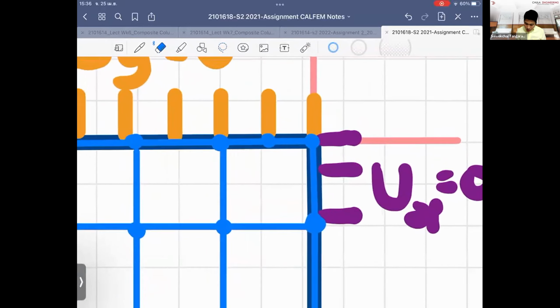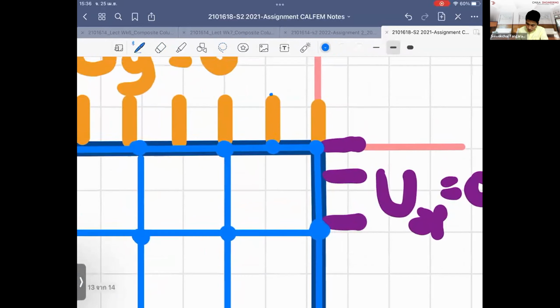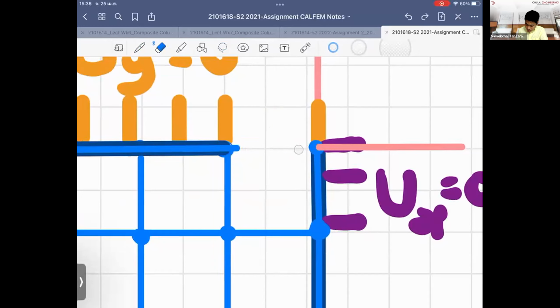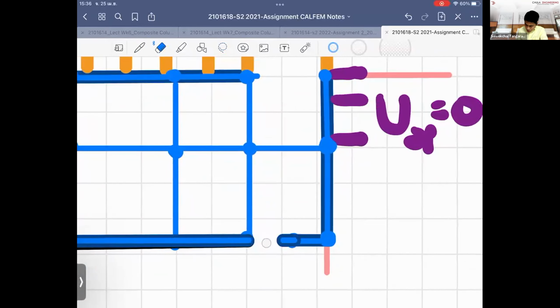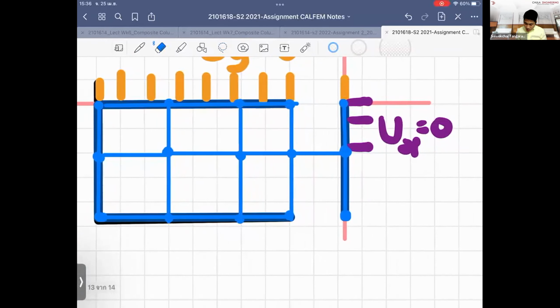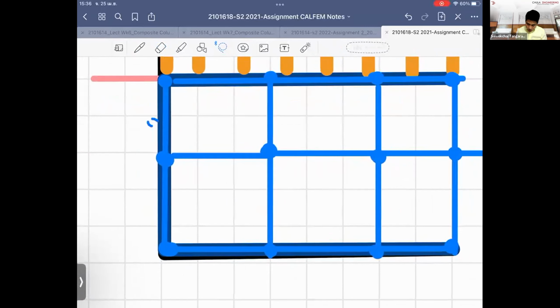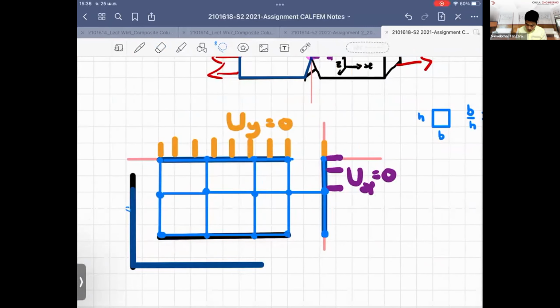So I decided to remove the node. But I decided to remove the node here as well. And when we're removing, we can also remove the boundary as well, but we don't need it anymore.